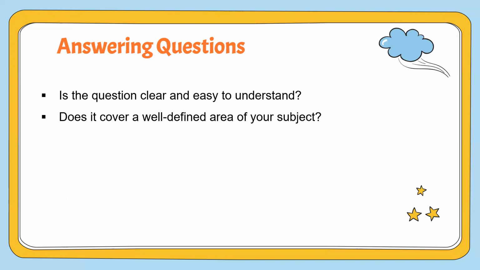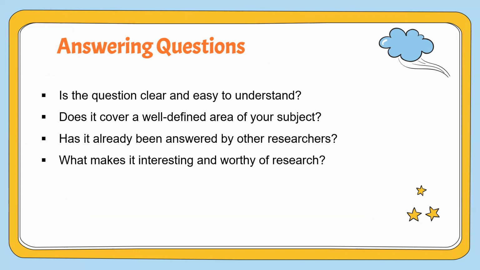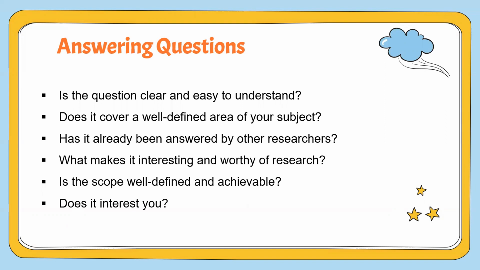Then, does it cover a well-defined area of a subject? Has it already been answered by other researchers? What makes it interesting and worthy of research? Is the scope well-defined and achievable? Does it interest you? All these questions have to be asked or reflected upon when we are designing a research question, or when we have already designed one and it is time to evaluate it in order to find out its appropriateness.